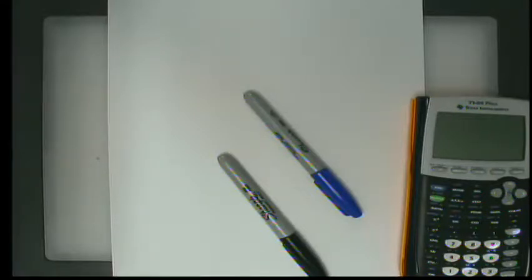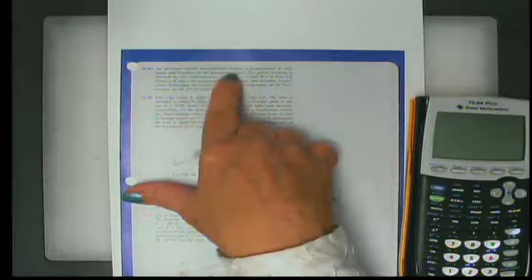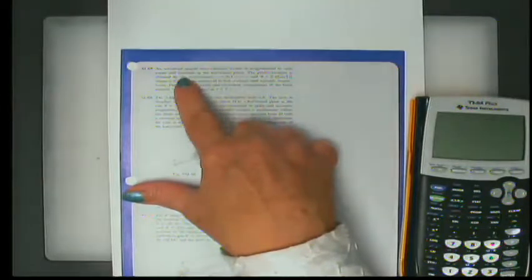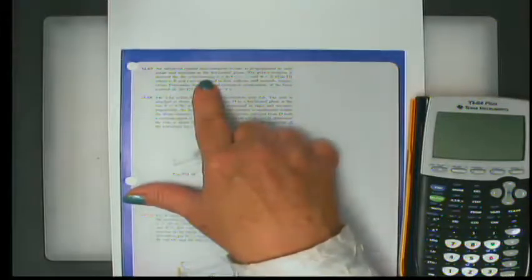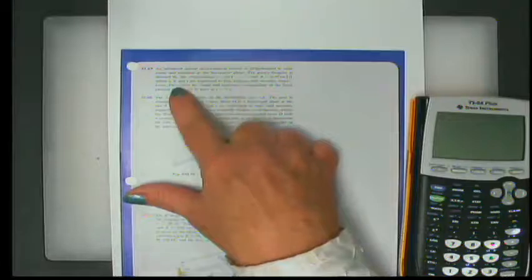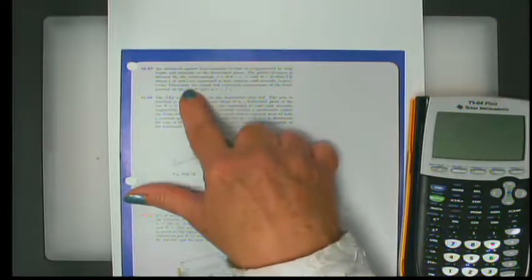Okay, did I really assign that? We have an advanced spatial disorientation trainer that is programmed to only rotate and translate in the horizontal plane. The pilot's location is defined by this. So this is our R, and this is our theta, expressed in feet, radians, and seconds.